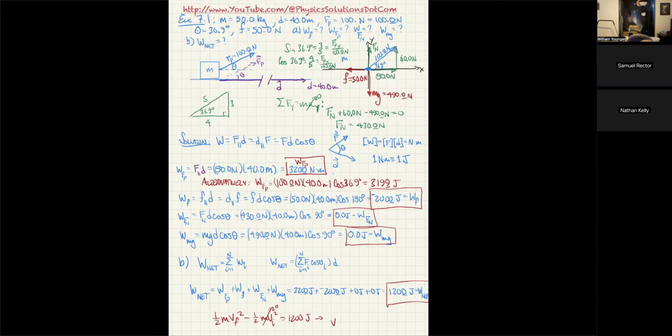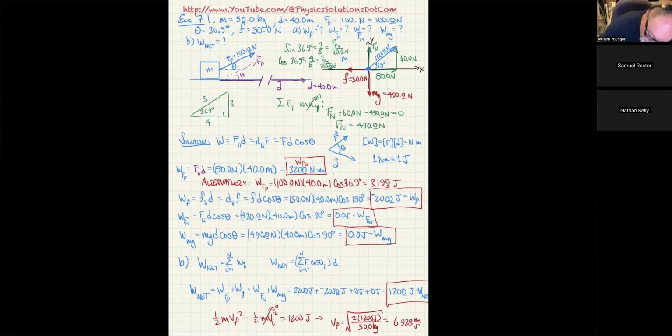That means v final equals the square root of 2 times 1200 joules divided by the mass, which was 50.0 kilograms. 2 times 1200 divided by 50 gives 48, and the square root of 48 is 6.928 meters per second.